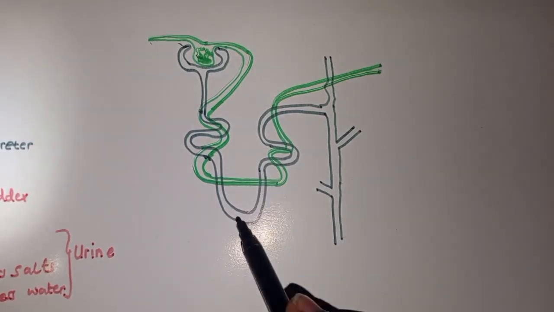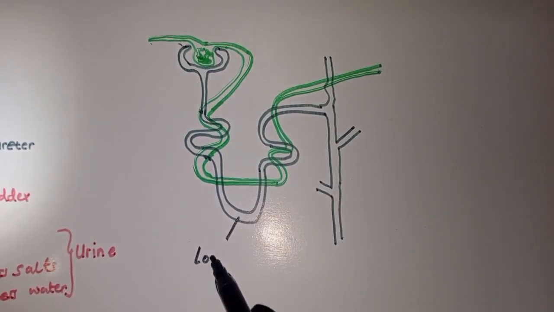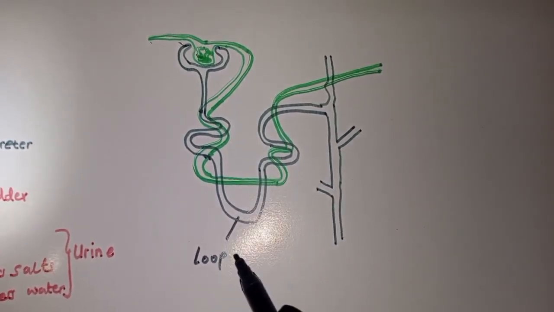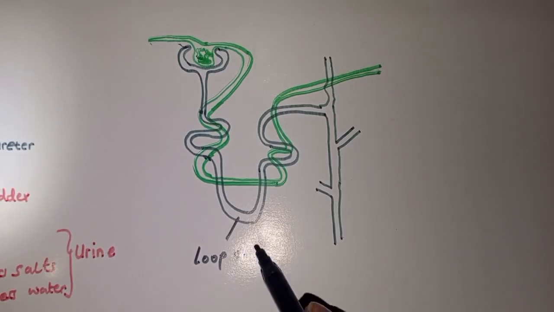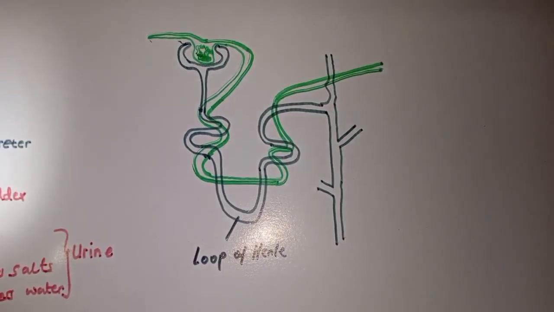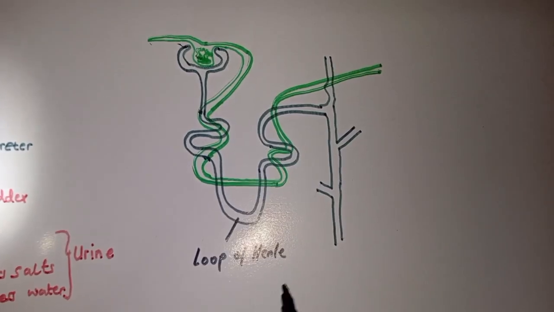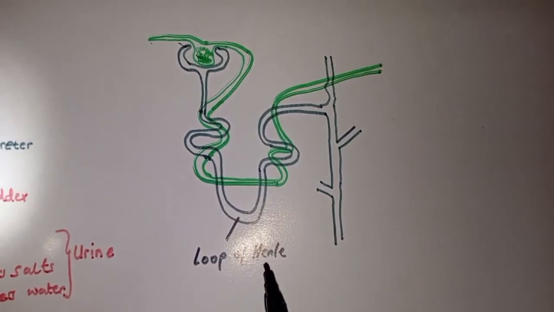This structure has a special name. It's called a loop of Henle, probably because of the person that maybe discovered it or something. That's where the name usually comes from. The loop of Henle.